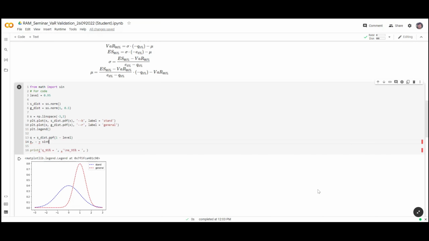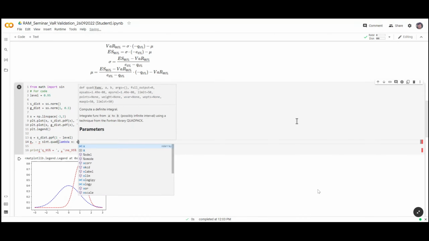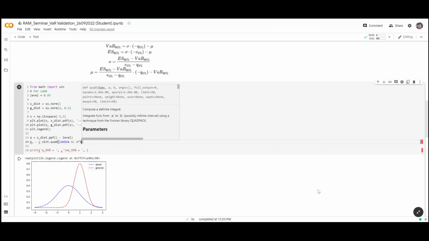So I have int, and I have quad for integration. I put lambda here as x multiplied standard distribution x.